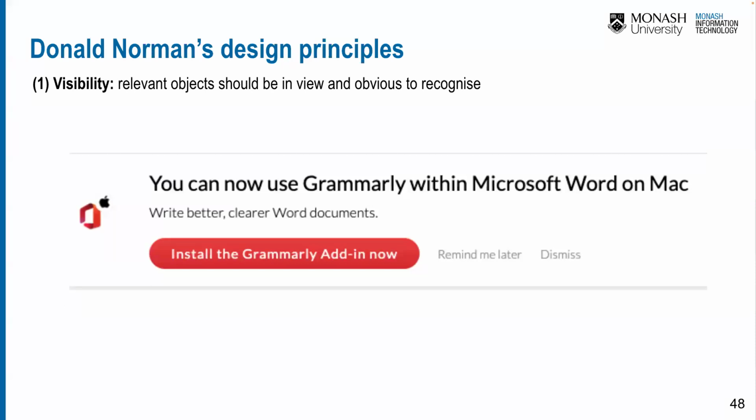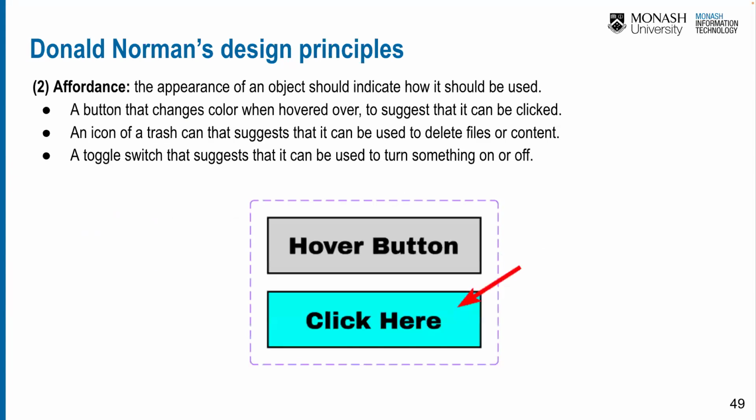What if the install is just a text, not a button? Probably it's not a good design. It's not really visible to the end users. Think about the app store. You want the end users to download the app, install, purchase the app. That's why they put the install or get button as a button rather than just a text. So that's visibility.